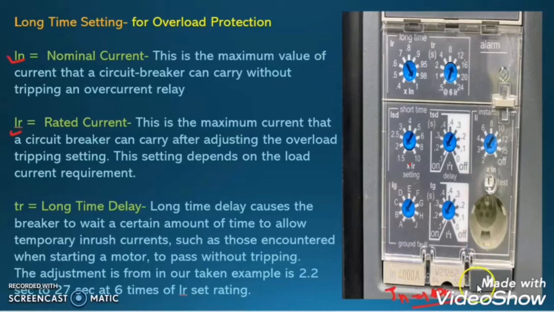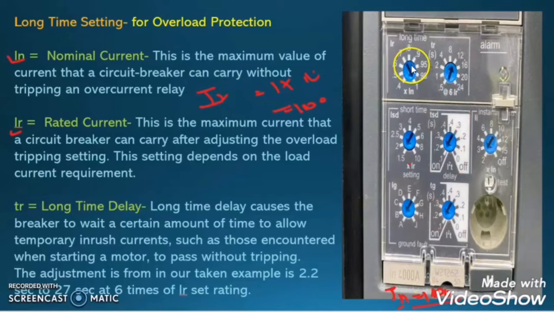Suppose the nominal current is 1000 ampere, and if we adjust this dial on 1, then our IR will be, as per here, IR is a multiple of IN. IR will be 1 into the nominal current, 1000. So our IR value will be 1000 ampere. In this case, the nominal current of the circuit breaker and the rated current of the circuit breaker are the same.